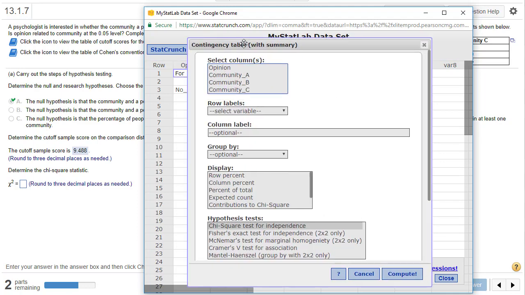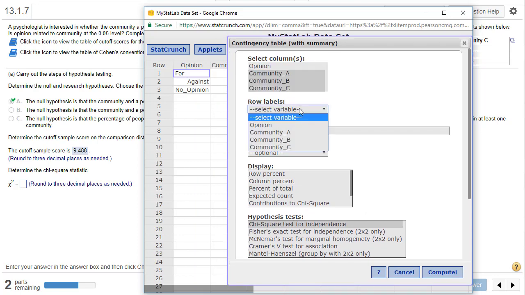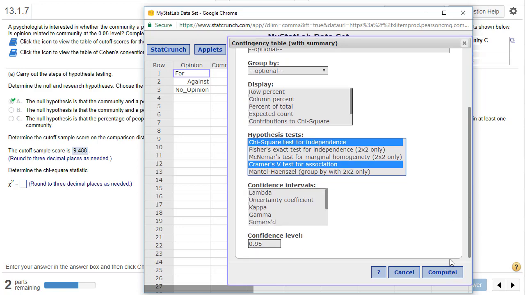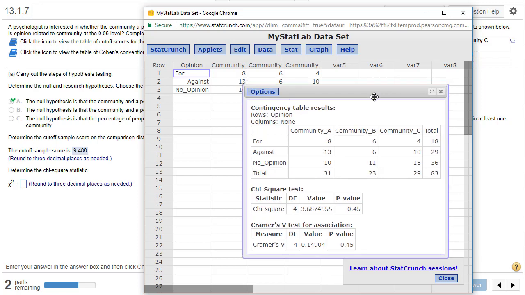Our columns are going to be the communities, so community A, B, and C. And the row labels are the opinion: for, against, and no opinion. It often asks for Cramer's V test, so I'm going to select the chi-square test for independence, hold down the Control key, and then select Cramer's V test. And press compute, and there we are.